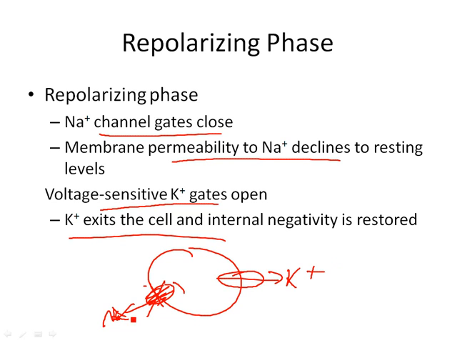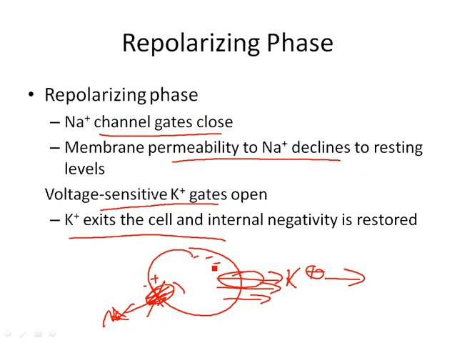No more sodium's coming in, so no more positive charges are coming in. You have a bunch of potassium leaving through voltage-gated potassium channels, so your positives are leaving again. As your positives are leaving, that starts to bring the membrane potential negative on the inside again. It starts to lower the membrane potential back to negative.